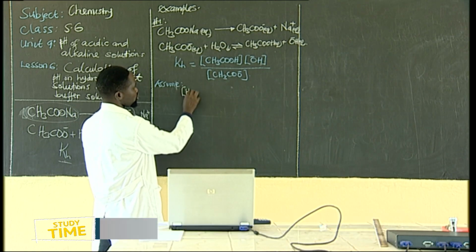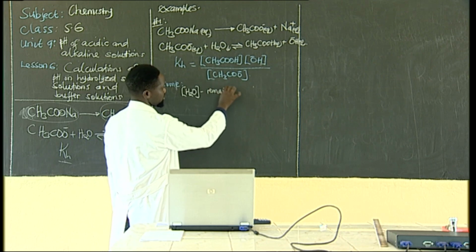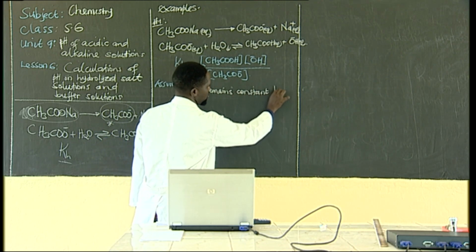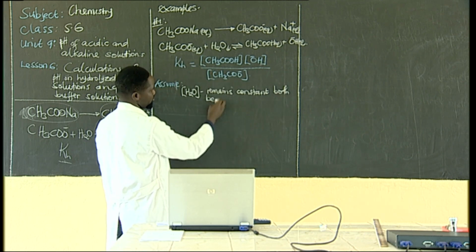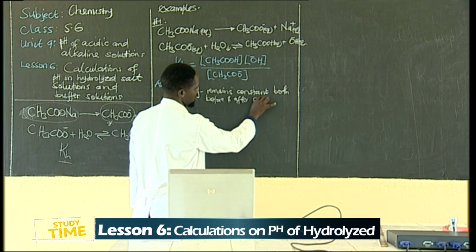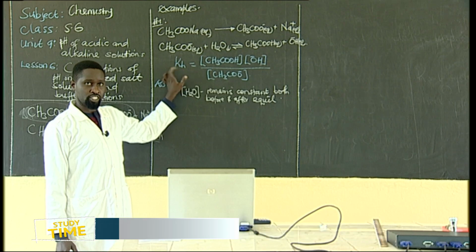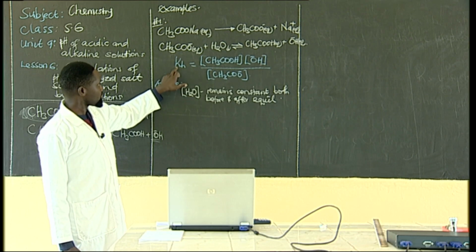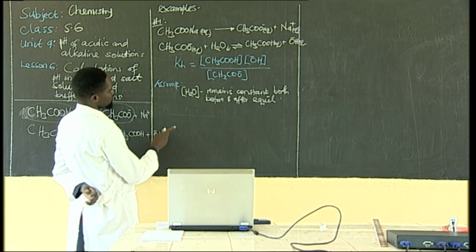So the concentration of water remains constant, both before and after the equilibrium has been reached. And as such, we do not include it in the equilibrium constant KH. So that is the first assumption.